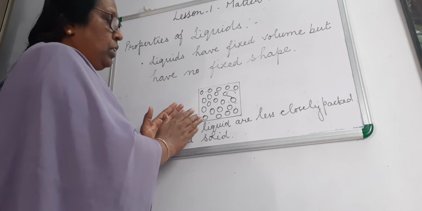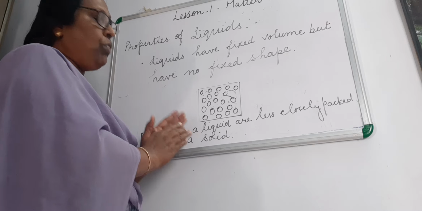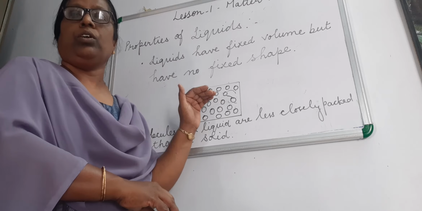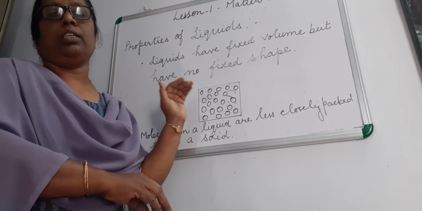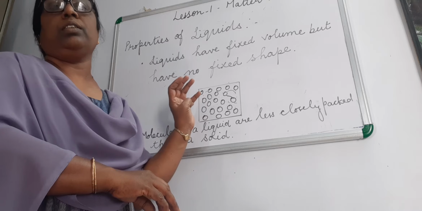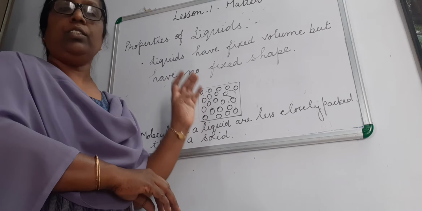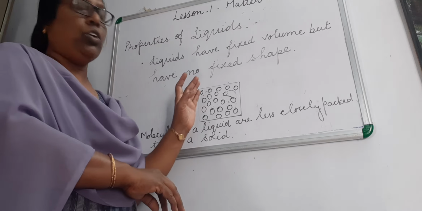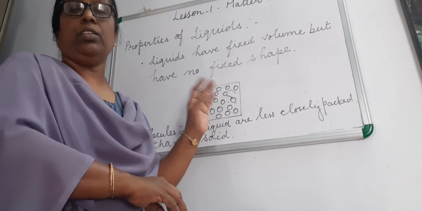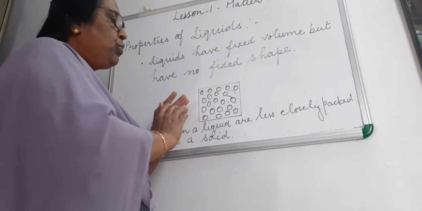So the properties of liquids are different from the properties of solids. It is because of the arrangement of the molecules in it. The intermolecular forces in liquids are weaker than in solids. Intermolecular space in liquids is greater than in solids. So these two make them flow.